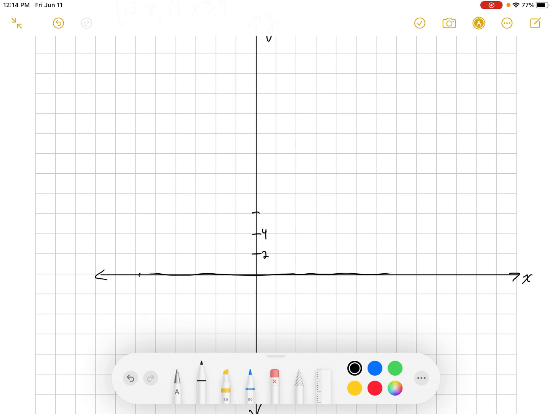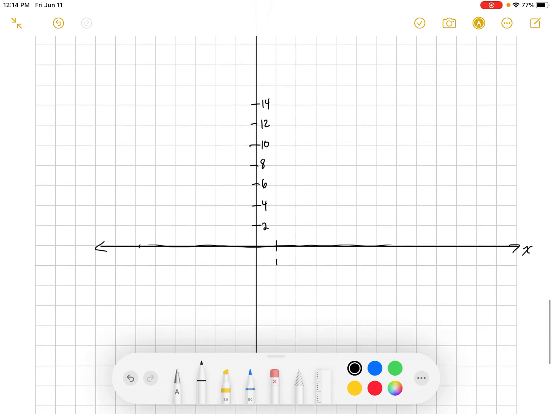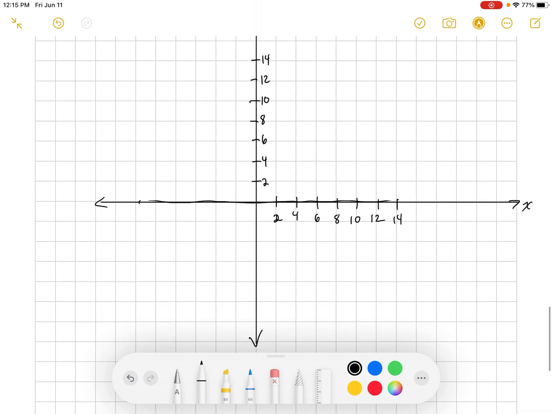I'll do them by 2. So I'll make this 2, 4, 6, 8, 10, 12, 14. This will be 2, 4, 6, 8, 10, 12, 14.